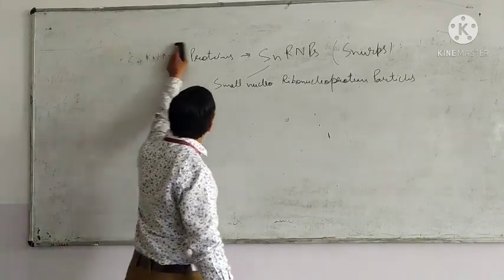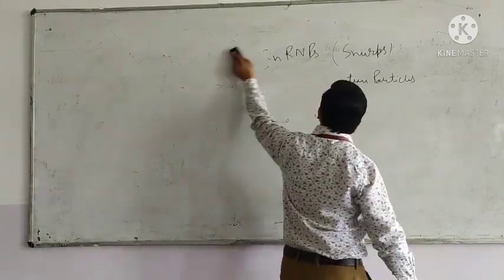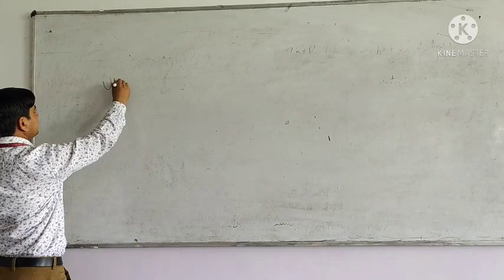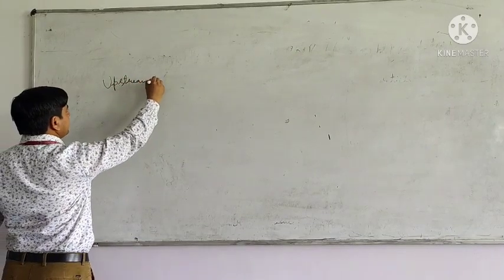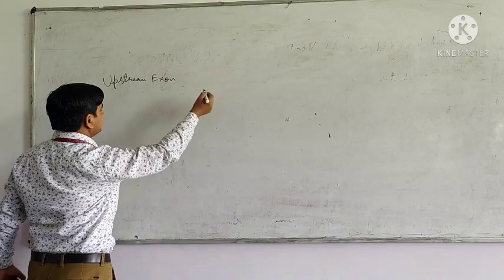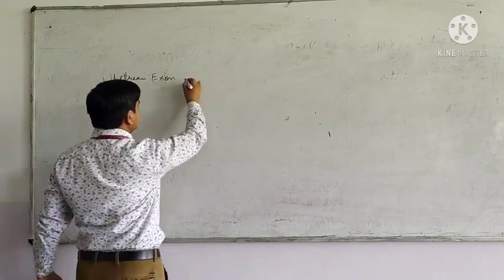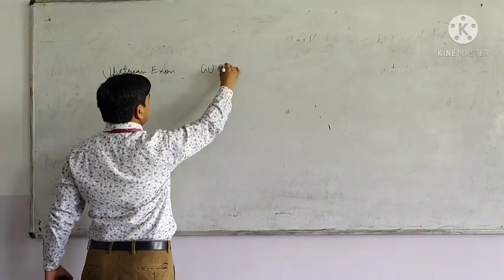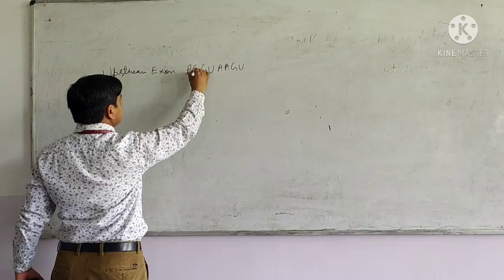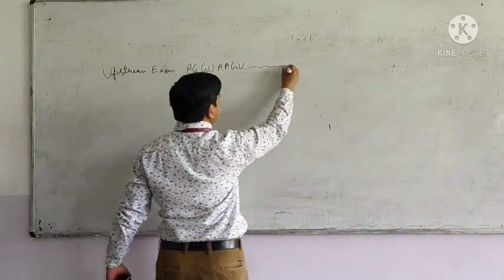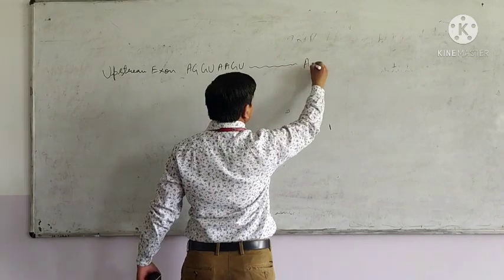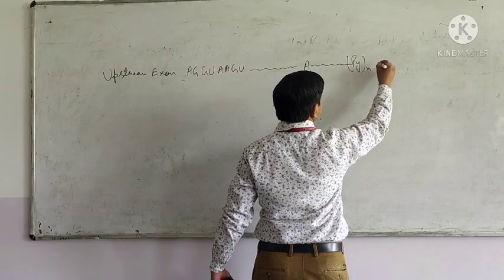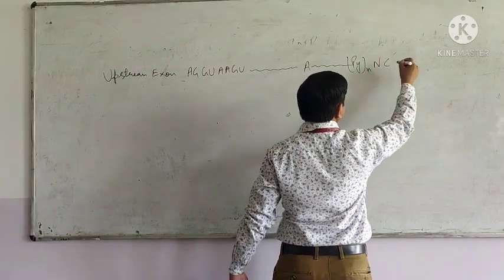So we will start with intron and exon. Suppose there is an upstream exon, and then there are sequences: adenine, then some pyrimidines (Py means pyrimidine), then N, meaning any nucleotide, then cytosine.